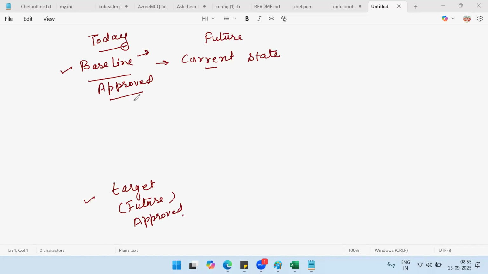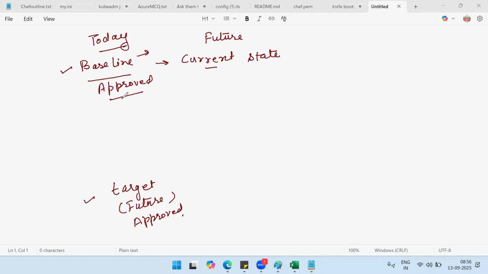So for example, you are running one application and your customer is saying, oh, there is some problem in that application. You say, okay, we know what the problem is, and now we can provide you this solution. So that is the target solution.